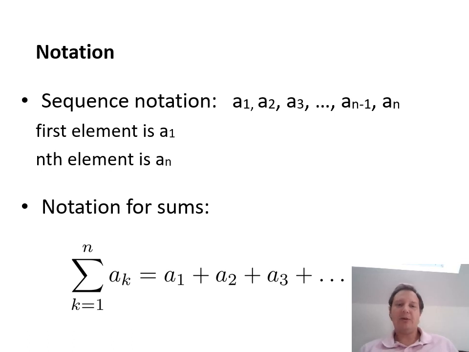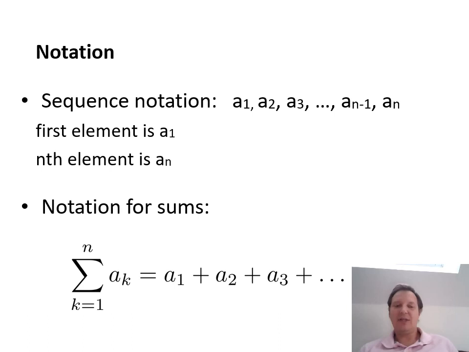A little bit more on sequence notation. We often denote sequences using the letter A and indices as subscripts, so A1, A2, A3, and so on. The first element is typically A1, and the nth element is An.